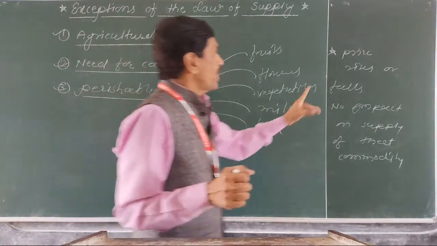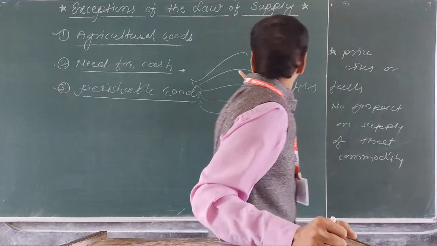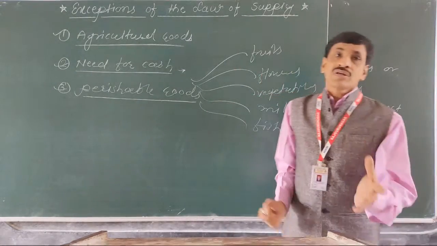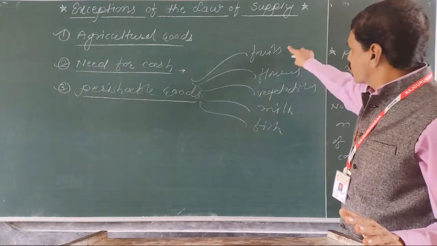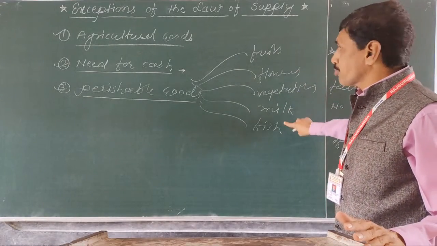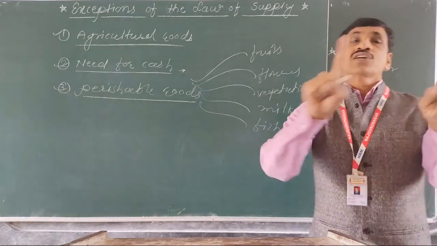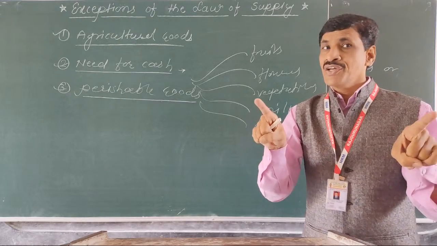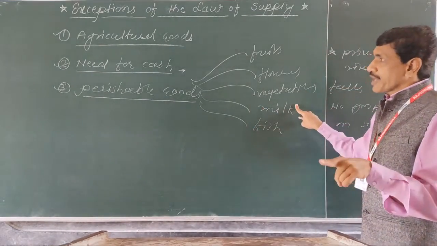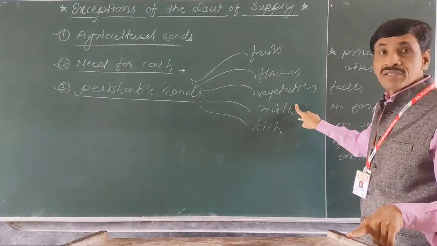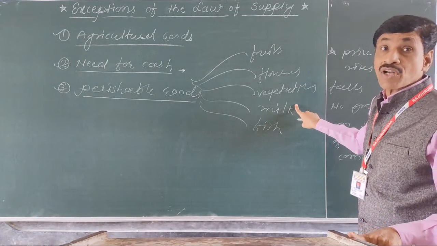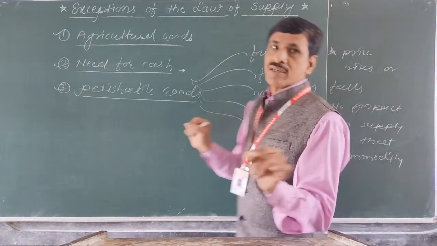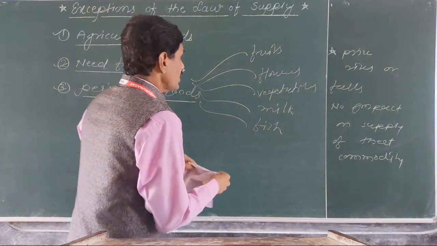So when price rises or falls in case of perishable goods, there is no impact on supply, because for fruits, flowers, vegetables, milk and fish, stock and supply are equal.